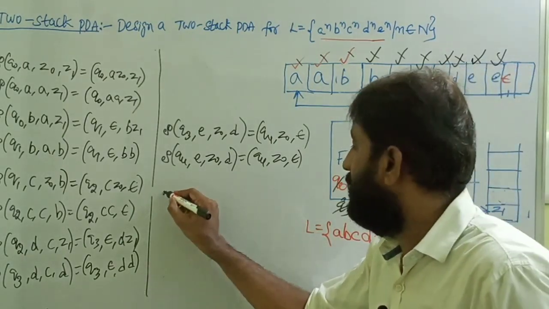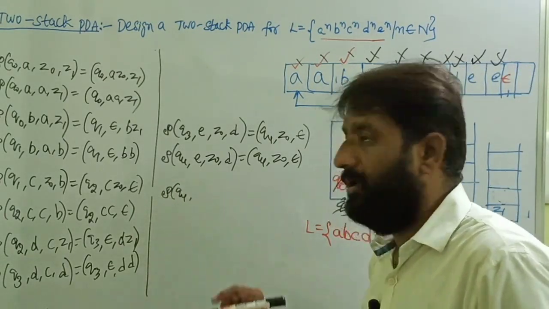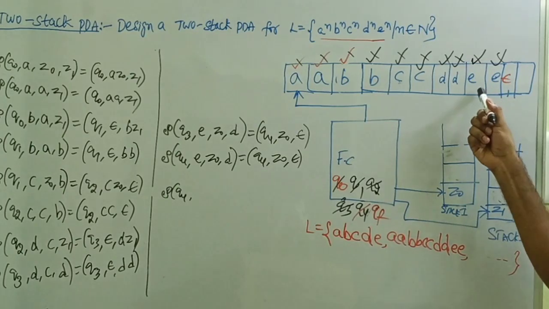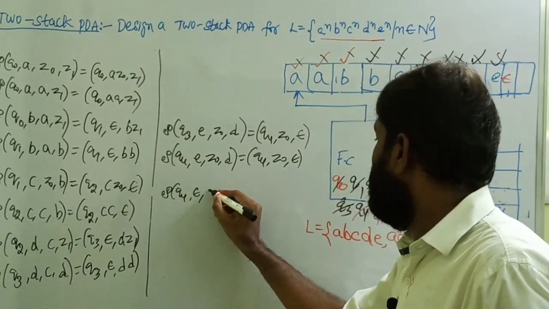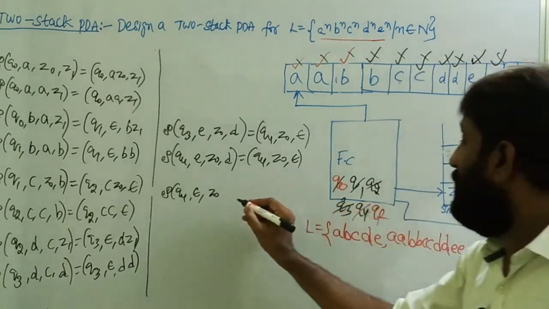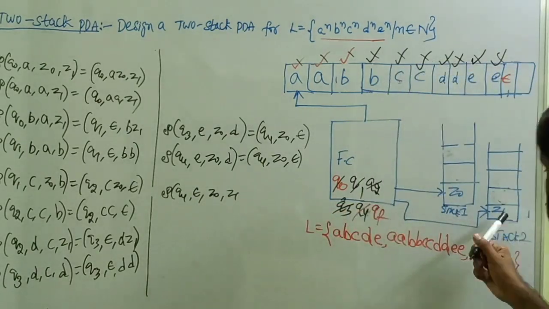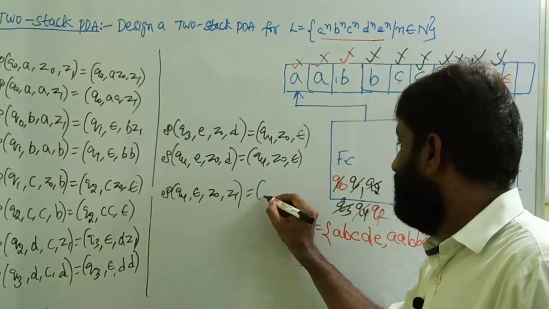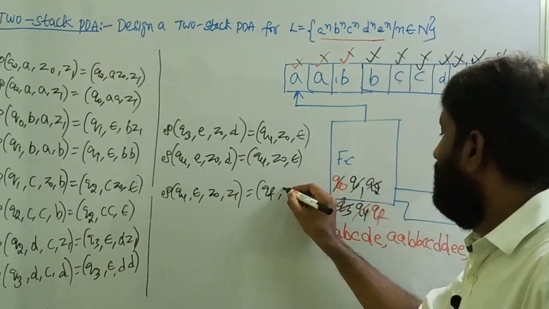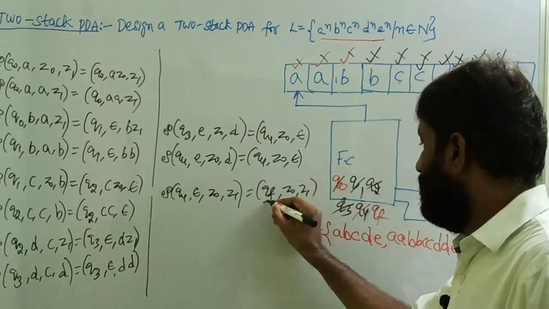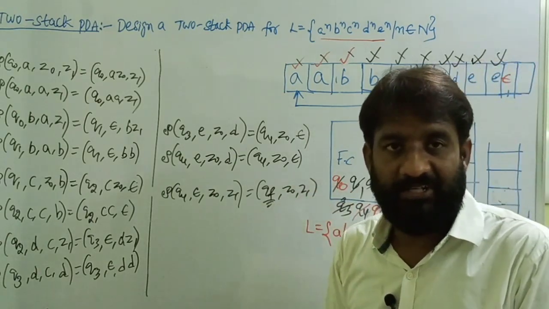Now the state is Q4, input symbol is no E's, right? All are exhausted. So epsilon, top of the stack 1 is Z0, top of the stack 2 is Z1, move to the final state QF without doing any operation on stack 1 and stack 2. This is what is called QF, acceptance by final state.